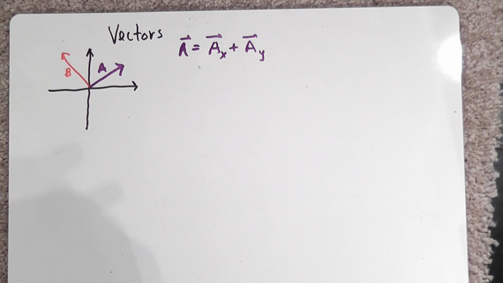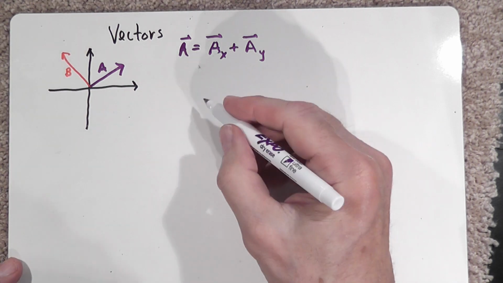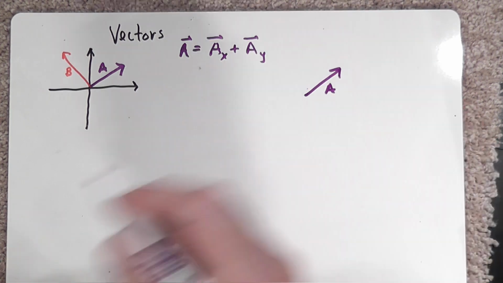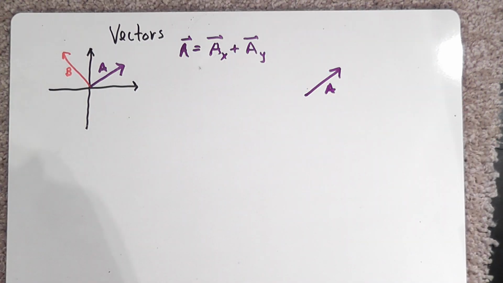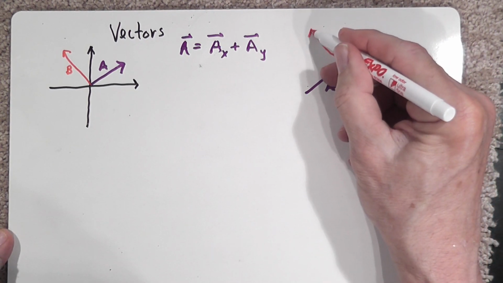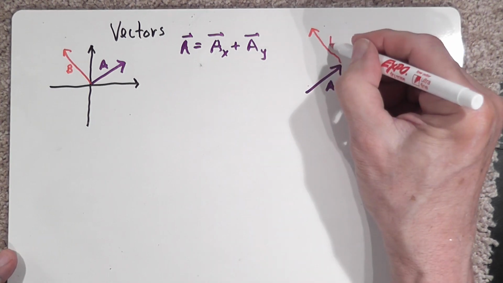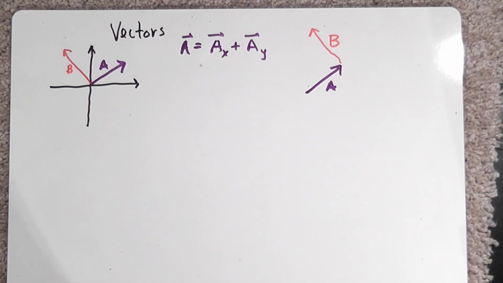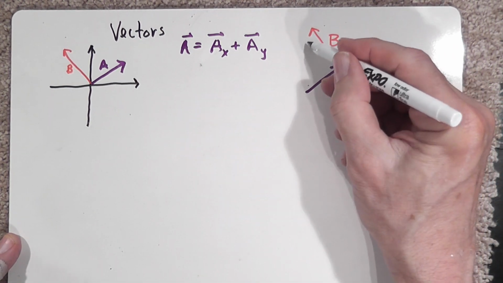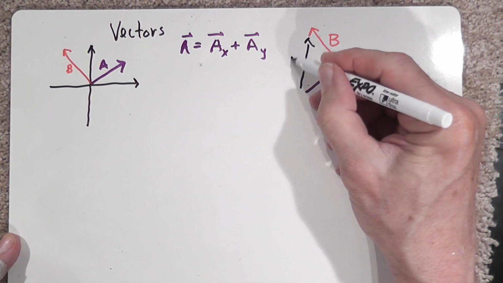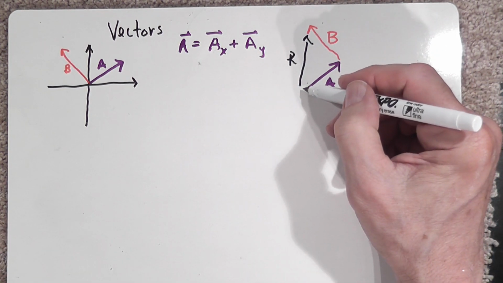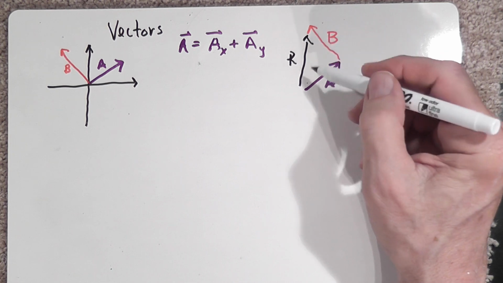Well, remember what you do when you add vectors. In this case, here is vector A, and then it's head to tail, so this would be right to here. So this is vector B, and the resultant vector, if you remember, would be from the tail of the first vector to the head of the second vector.